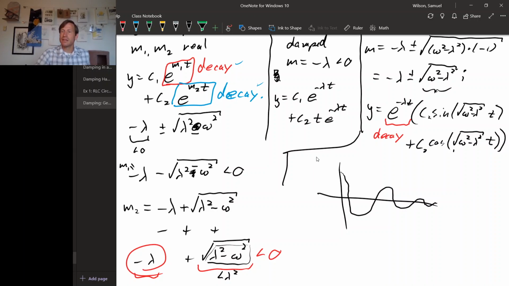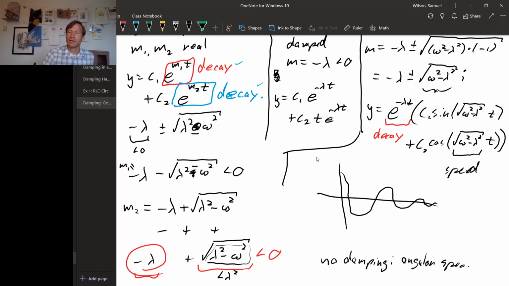Notice that the angular speed of this oscillation is not quite the same as the undamped case. With no damping, the angular speed of the oscillation was just omega.